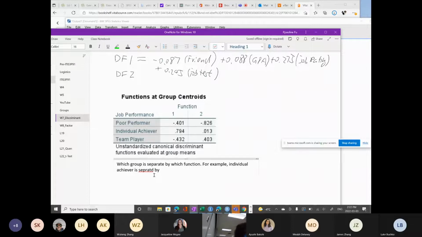Individual achiever is separated by function 1. In other words, function 1 distinguishes individual achiever from the other groups.